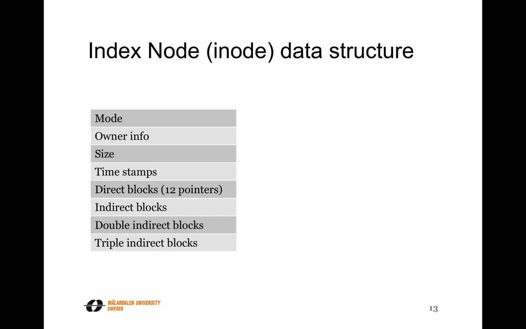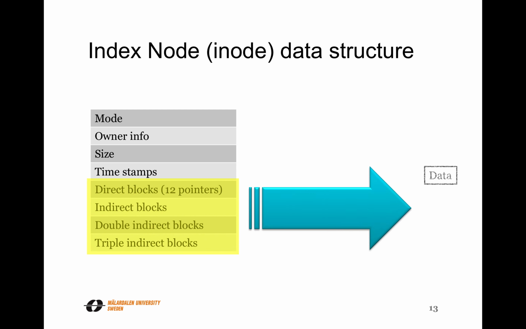So what does that data structure look like? Well, we have information regarding who is the owner of the file, who has access to the file, what is the size of the file, when was the file last modified, and we have information regarding what data is included in this file. So we have some tables for pointers that point to data on the hard drive in some way or another.